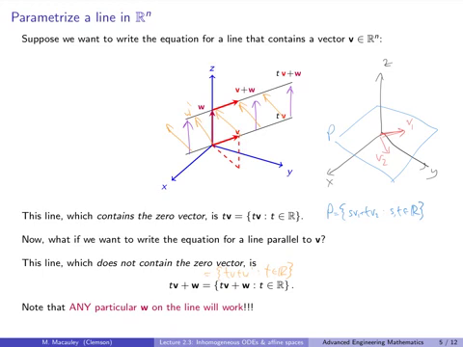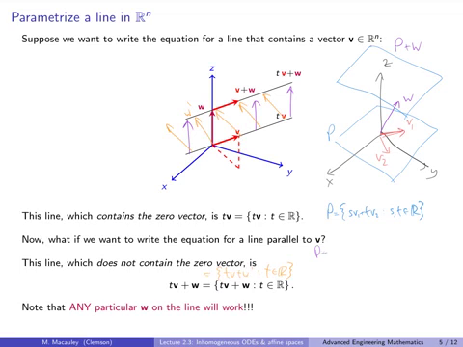So now what if we want to write the equation for a plane that is parallel to this? So suppose it's up here. Well, what we do is we take any vector on that plane. Let me call that w, and then that new plane is P plus w.